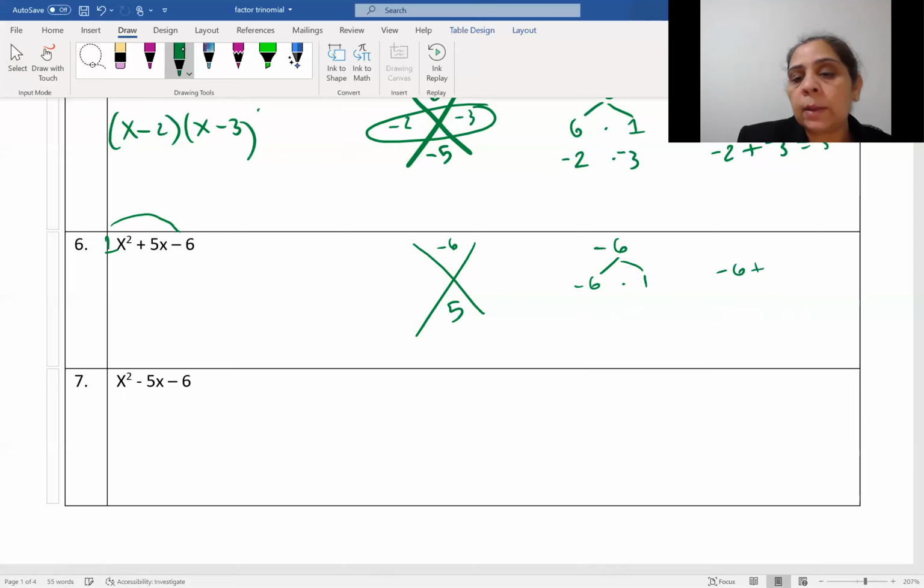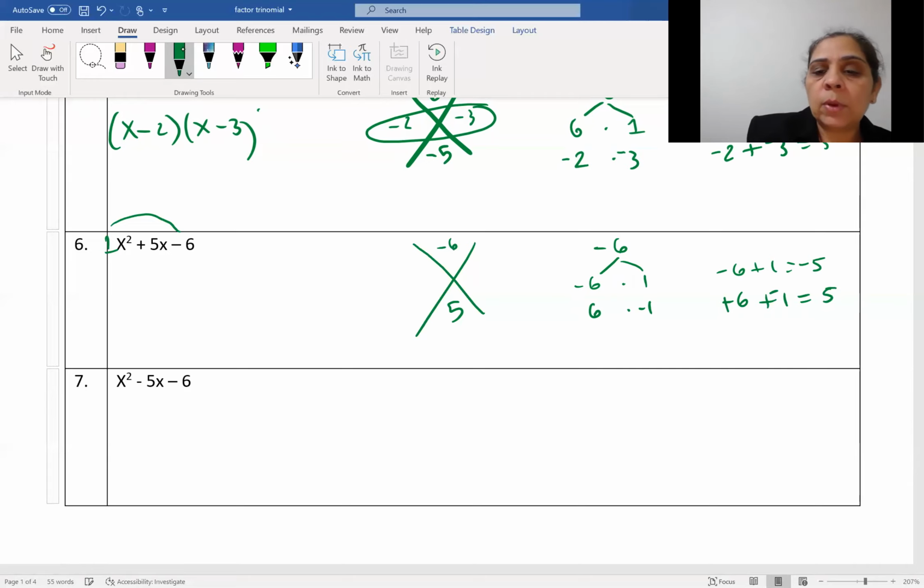If you add them, you get negative 5. We need positive 5. So I can choose 6 times negative 1. Then 6 minus 1 is positive 5. That will work. So I can choose 6 and negative 1. Since the coefficient of x squared is 1, we can write directly.